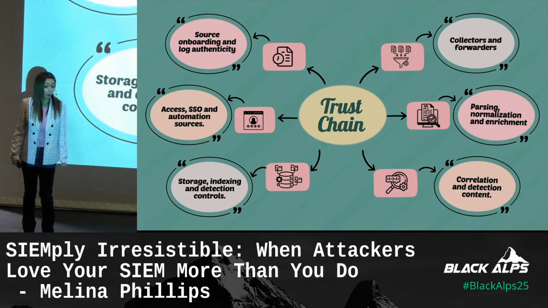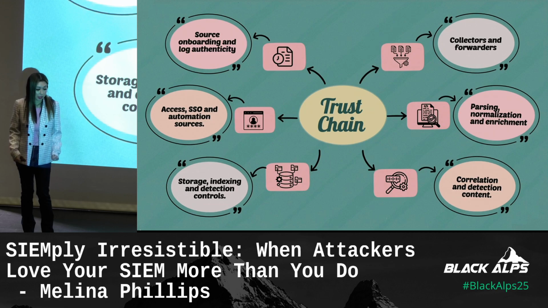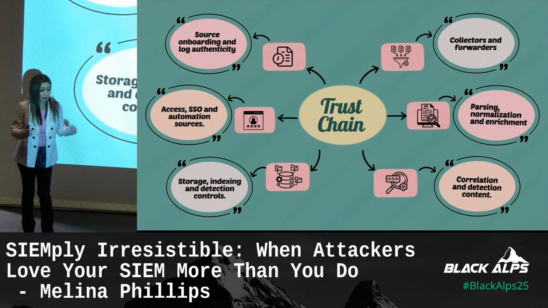Collectors and forwarders: we already know they are distributing telemetry throughout the environment. What happens whenever an attacker targets an endpoint and is able to contaminate these logs, or reroute them to an instance that they have control over?